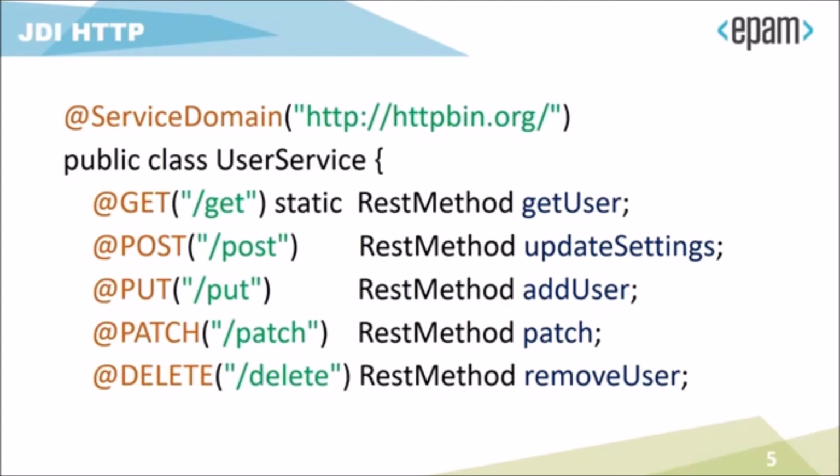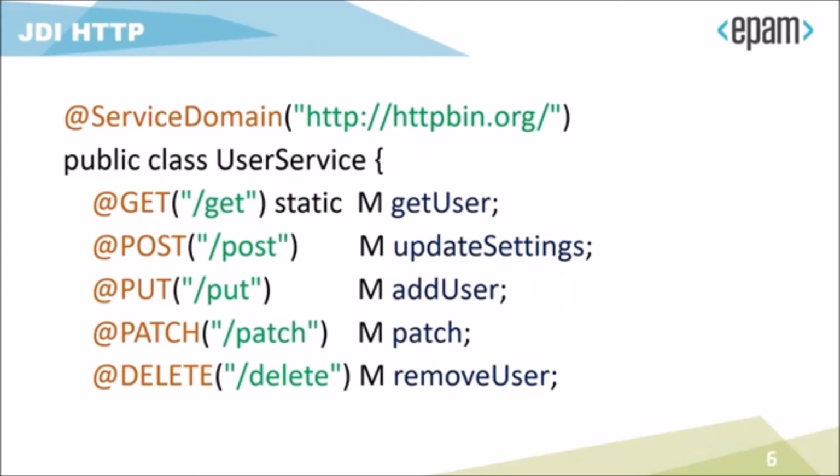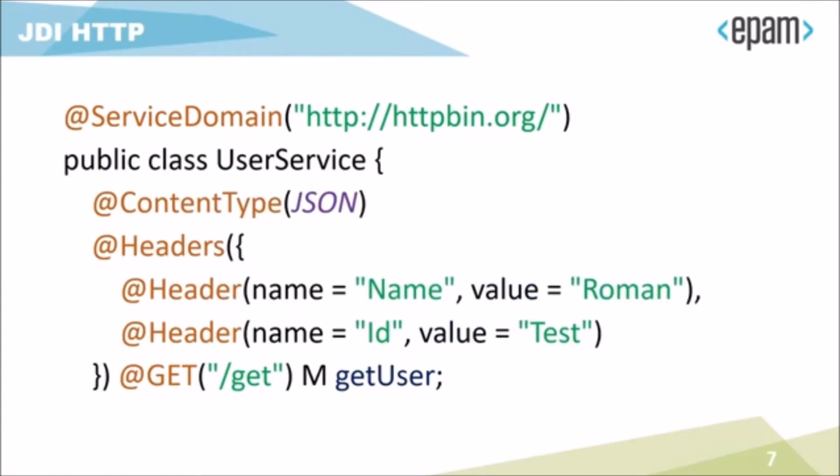So you can describe your application, your service in a separate class, set up all methods that it has, types of these methods, set up the domain, and in the test just use these methods and do some validations with responses. You can have simpler naming in the method's name, so you can just write M for shortening code.